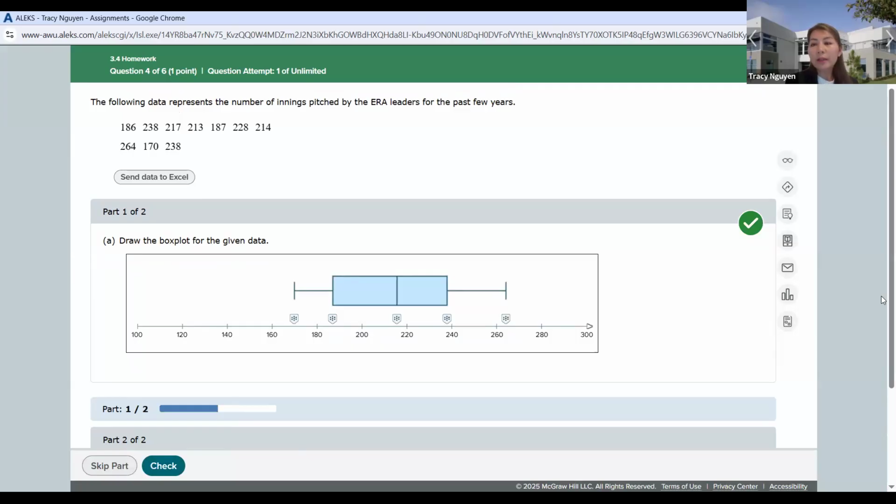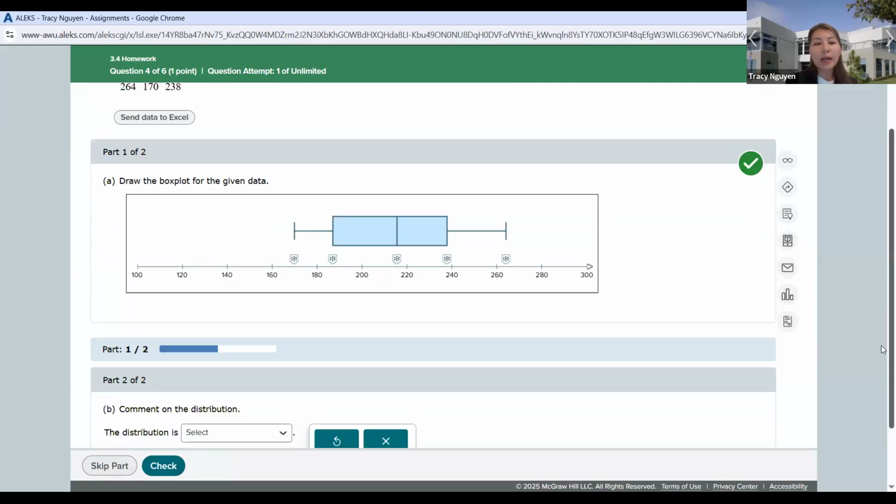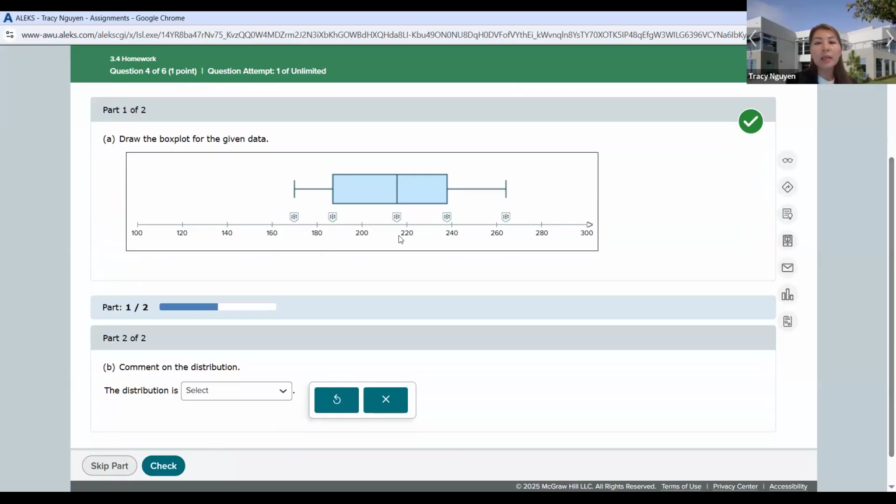Now, definitely part B of this question is going to ask you to comment on the distribution. So we compare from the median, and our median is 215.5.